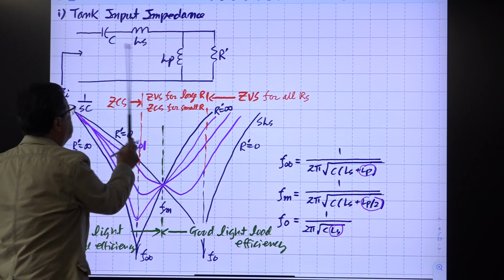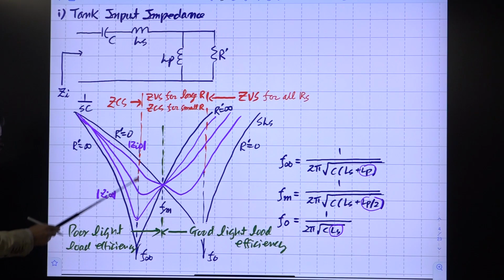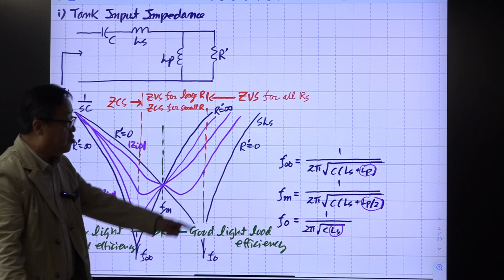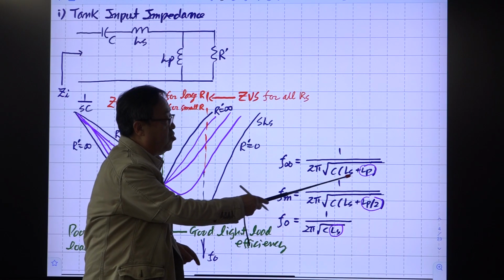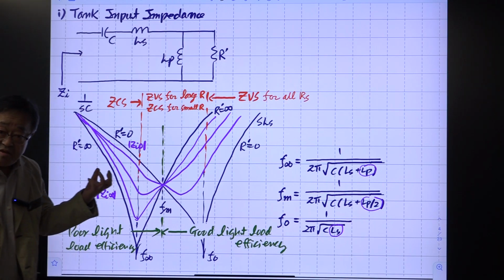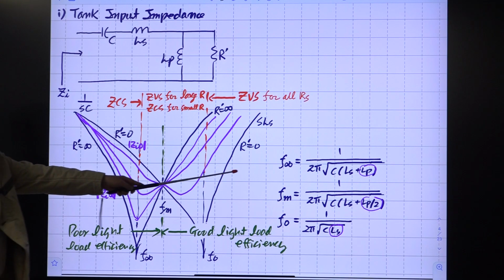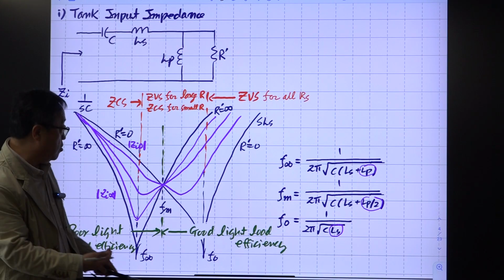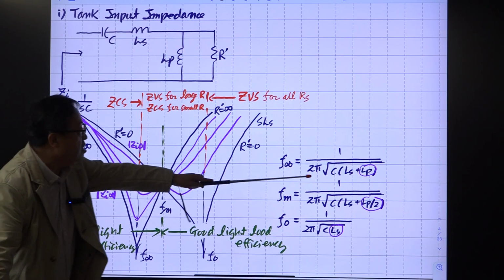With this open, there is resonance between 3 components. That resonance frequency, F infinity, is given by this, the inside of the square root involving C and Ls plus Lp. They are in series. Okay? So you have this one. And the frequency of this is relatively low because this is large. Okay?